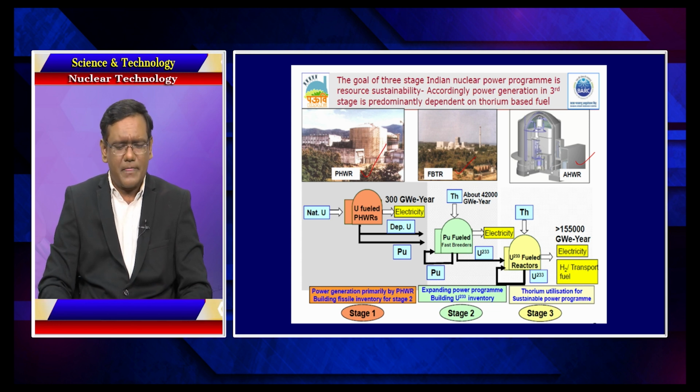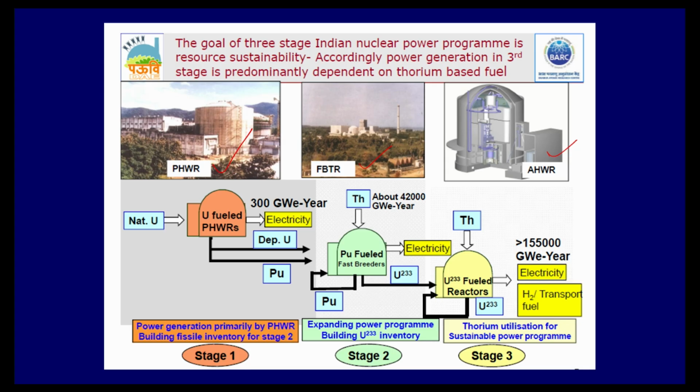Here you can see in stage 1 we will be using natural uranium and uranium-fueled pressurized heavy water reactors, and we will be producing 300 gigawatt electricity a year with this. The byproducts are uranium and plutonium, which are again used as fuel in the next stage, and we will learn this one by one.